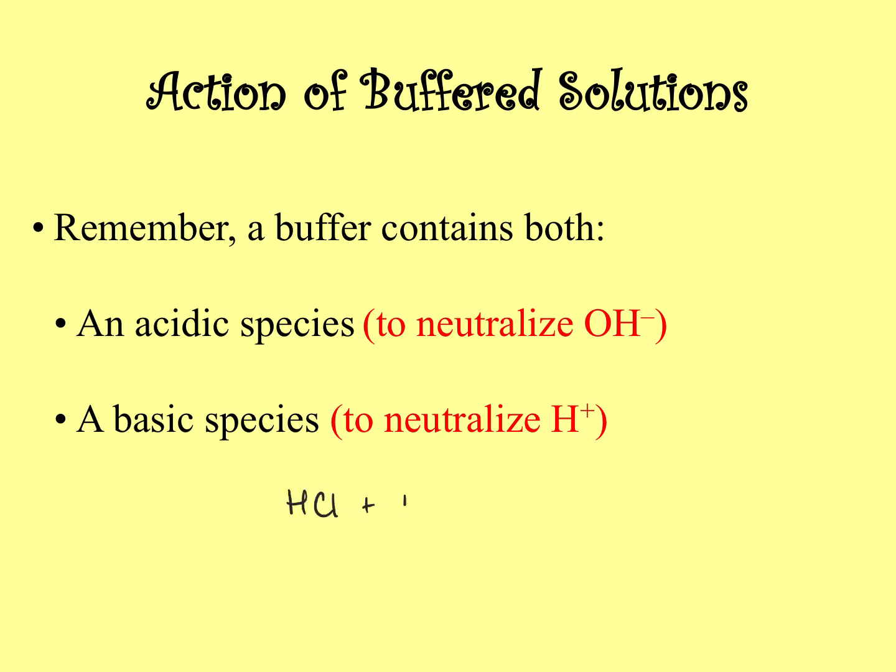When that undergoes hydrolysis with water, it only goes in one direction, and then you have Cl minus plus H3O plus. So a strong acid is going to have almost exclusively Cl minus and H3O plus, and a very teeny tiny bit of HCl.